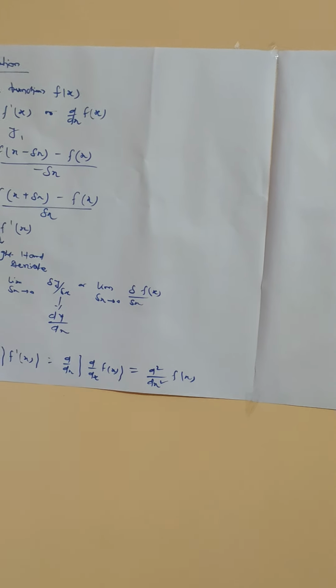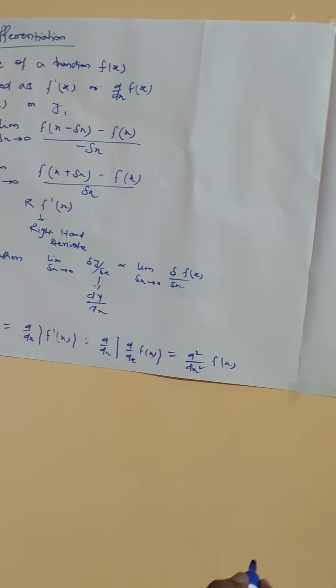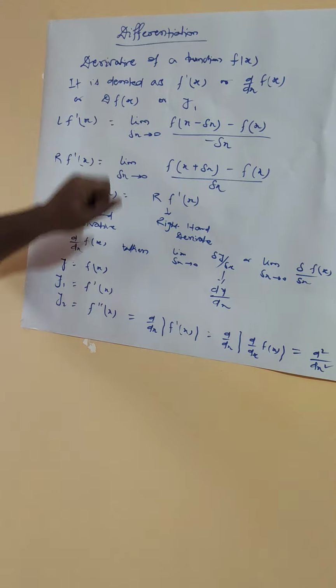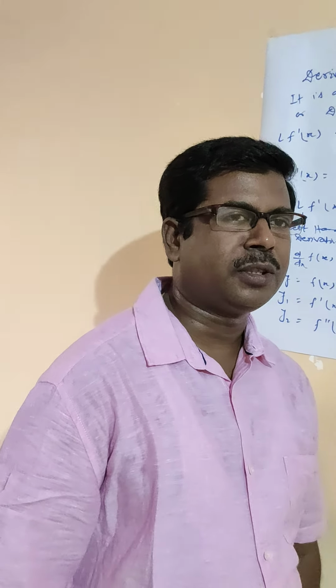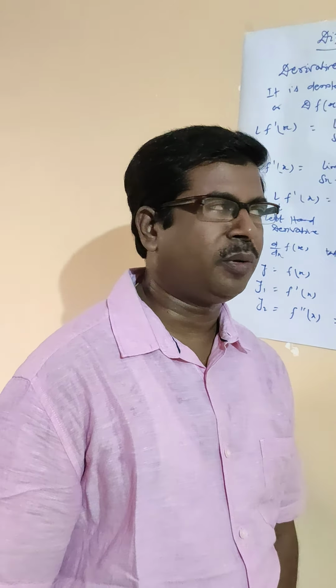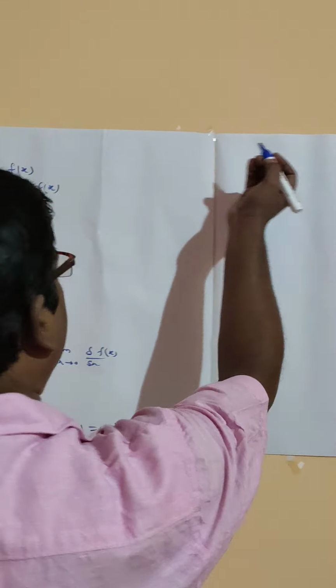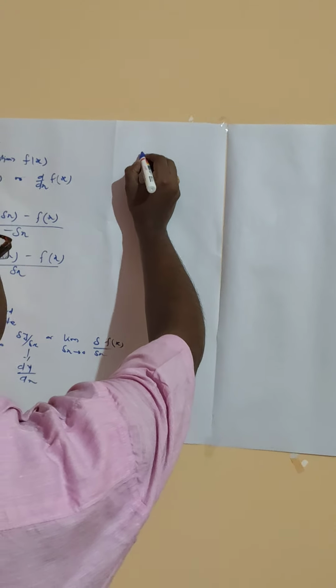Now I am going to discuss the differential coefficient of a function. How can we find the differential coefficient of sin x, cos x, tan x? This is also known as the first principle method.